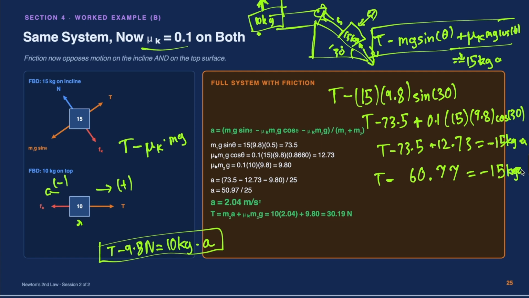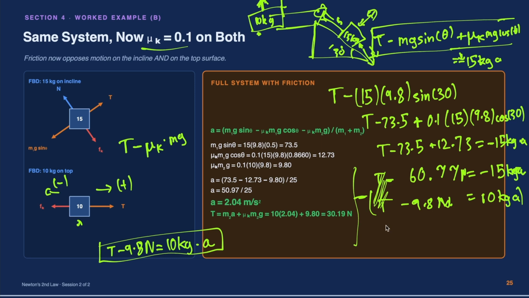Okay, yeah. And then I can get my other equation here, T minus 9.8 newtons is equal to 10 kg a. And then I can subtract both of them to cancel out the T's. T's cancel out. Negative 60.77 minus negative 9.8.